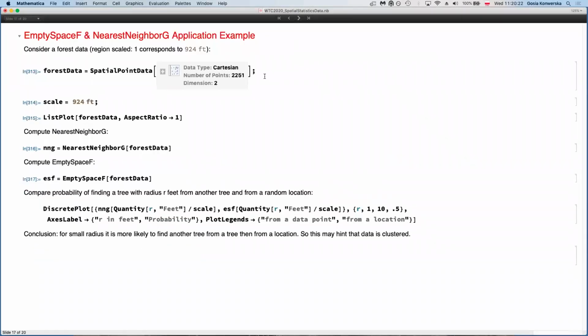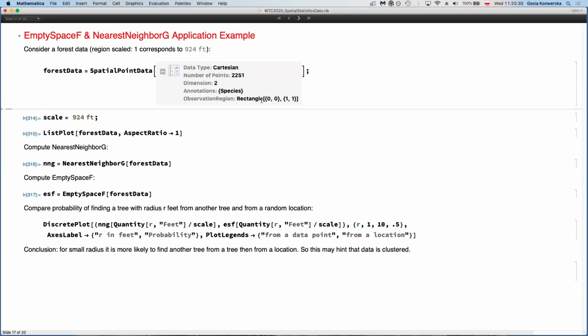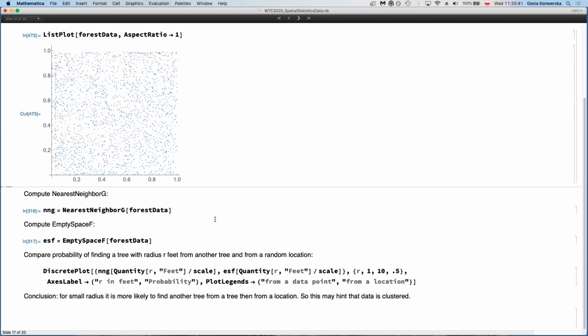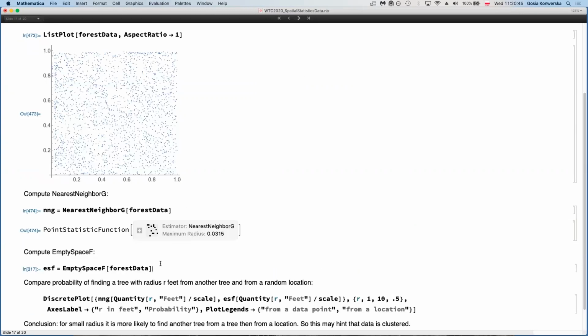And so what we can do here is, for example, compare the two for a data set. This is forest data which has an observation region, which is a rectangle of size 1. And this is a region scaled, and 1 corresponds to 924 feet. So you can plot the data, and you would like to know some information about the data to have some conclusions about what happens.